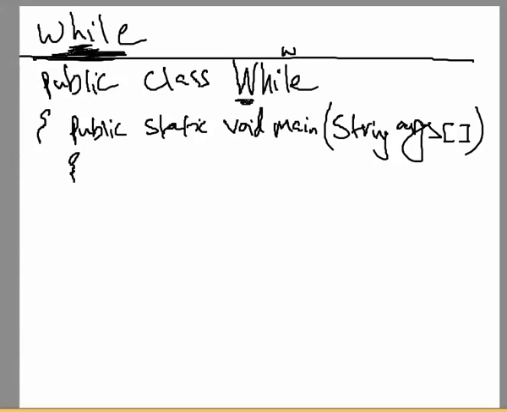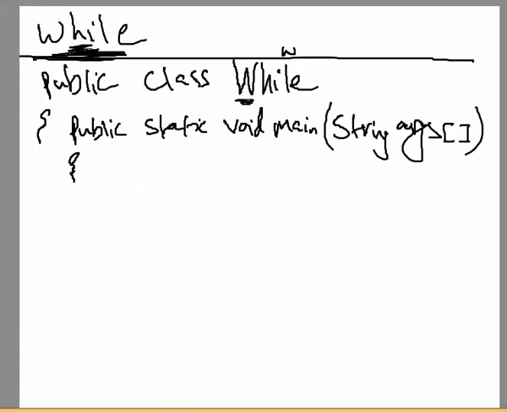Basically, what I want to do is have my program print numbers like this: 1, 2, 3, 4, 5, 6, 7, 8, 9, 10. This is the idea of what I want to do. First of all, I need to introduce a variable, and it's going to be int.